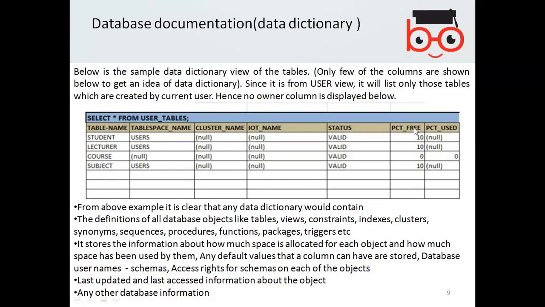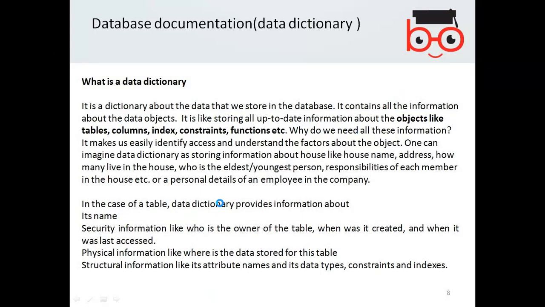So that is the dictionary about the users table. Select asterisk from users table. It means how the users tables are stored, in which names, which particular constraints are applied. So this is a kind of data dictionary, a dictionary of the database structure.